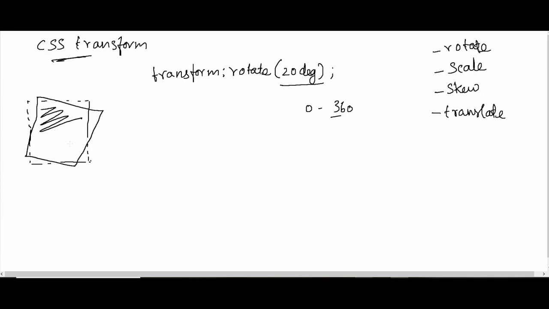This is rotated to the value which is given inside the bracket, in the clockwise direction. If I want to rotate in an anti-clockwise direction, I can simply give a negative value.